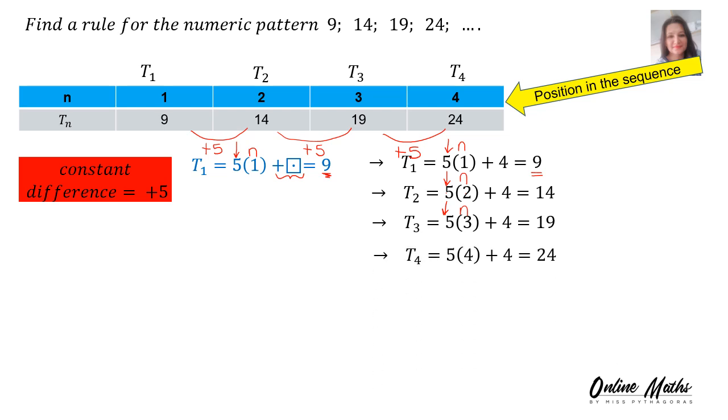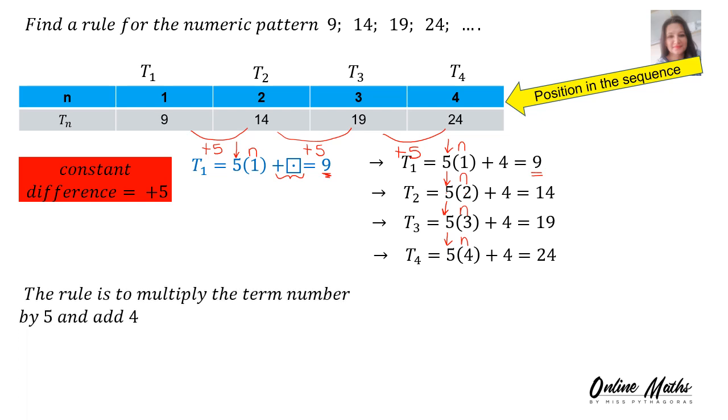And then the fourth term, T4, is constant difference times n plus 4 is 24. Let's check if it's right. 5 times 4 is 20 plus 4 is 24. Therefore, the rule is to multiply the term number by 5 and add 4. And can you see the general formula will be Tn is equal to 5n plus 4.